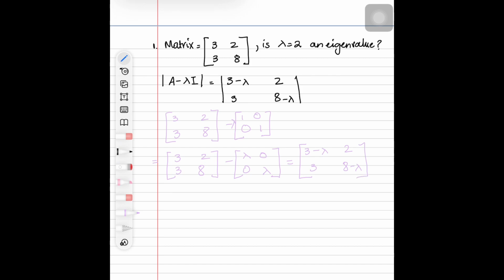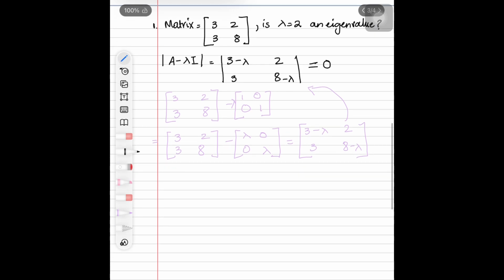I hope this makes sense of how we're getting this matrix right here. And in order to solve for it, we'll be setting it equal to 0, since we're basically looking for lambda in this case, since they're asking us if lambda equals 2 is an eigenvalue.